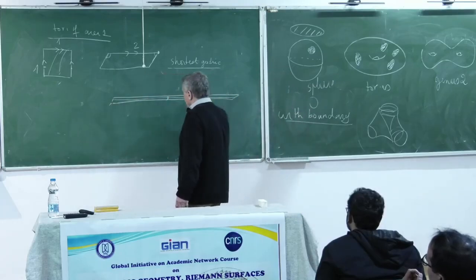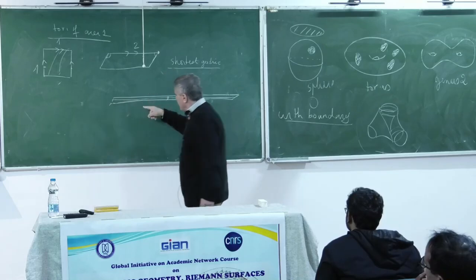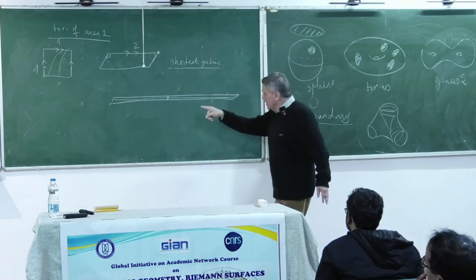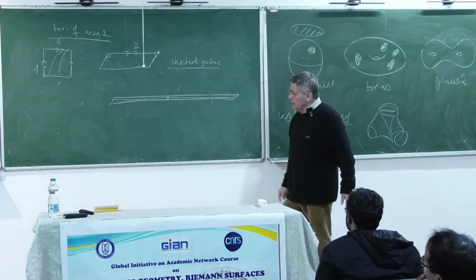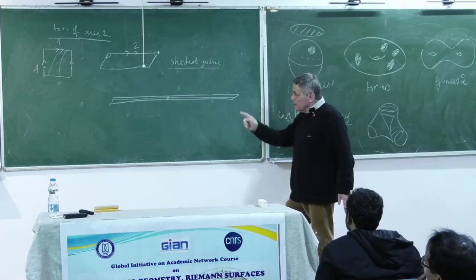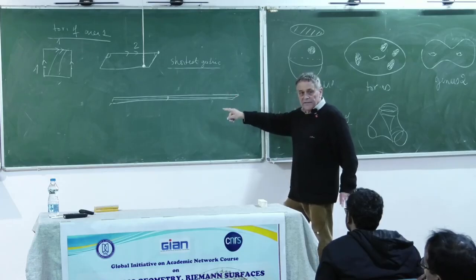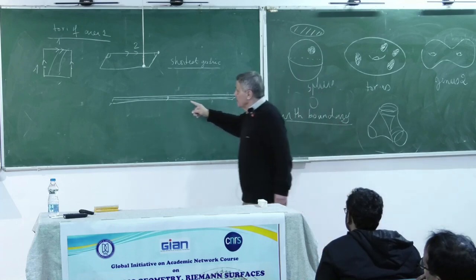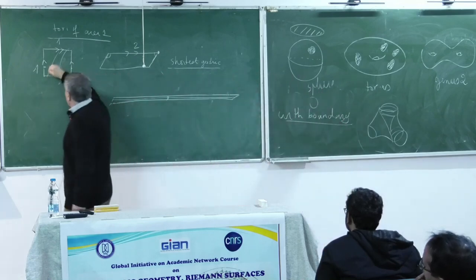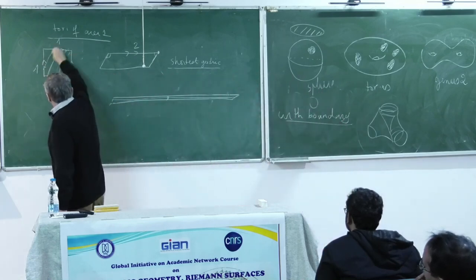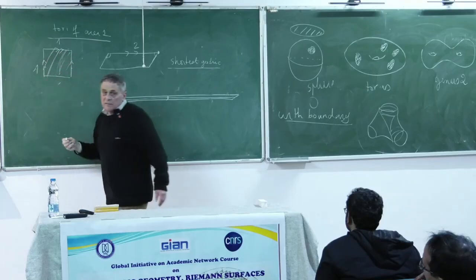You see here, as we said before, you will have a very long... The notion of meridian doesn't make sense here. It will have a very long closed geodesic, but here I may have one which closes with the same length.